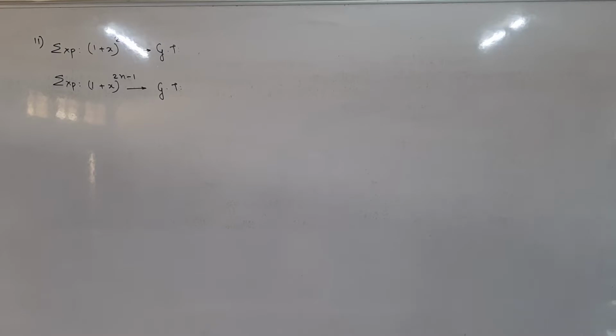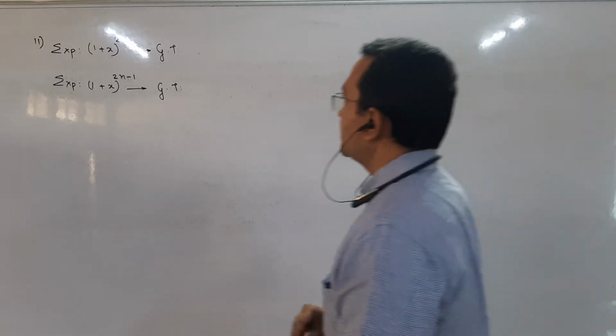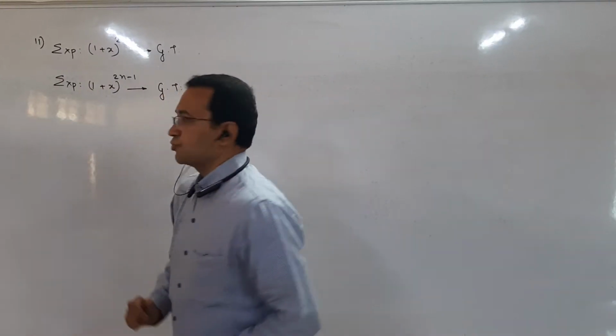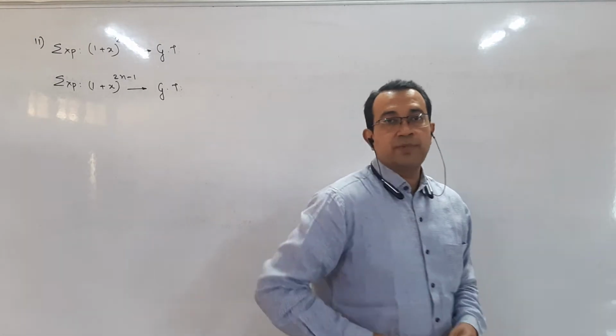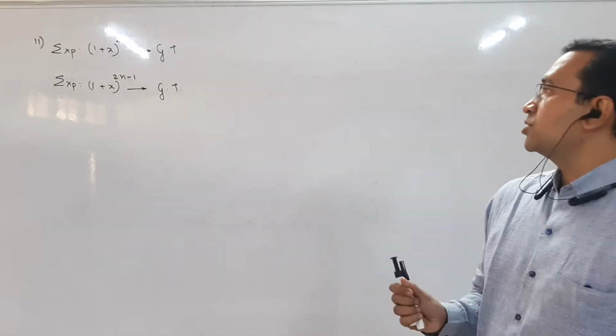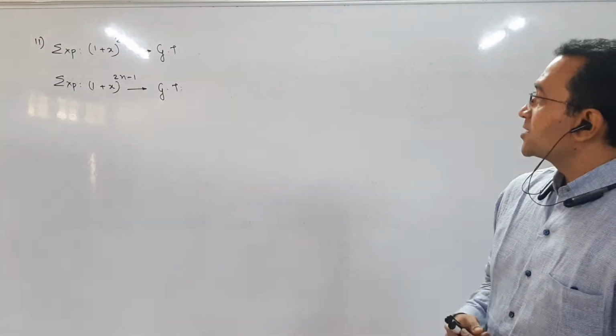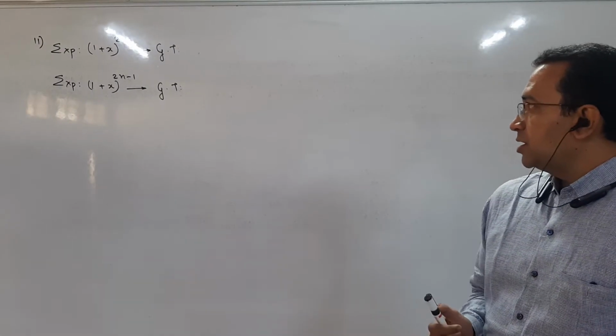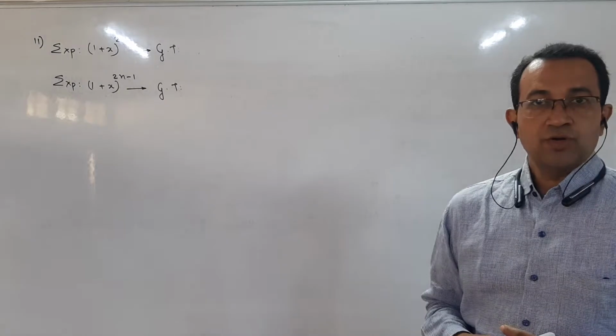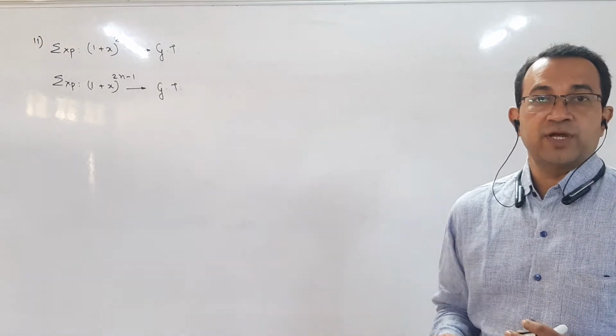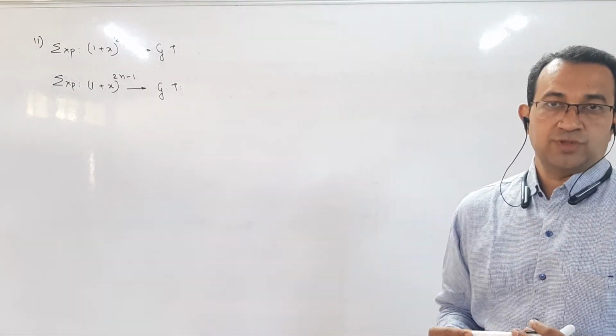Exercise 8.2, we were left with sum number 11. The question is that we are given two expansions, (1 + x)^(2n) and (1 + x)^(2n-1). In both expansions, we have to prove that the ratio of the coefficient of x^n is 2.